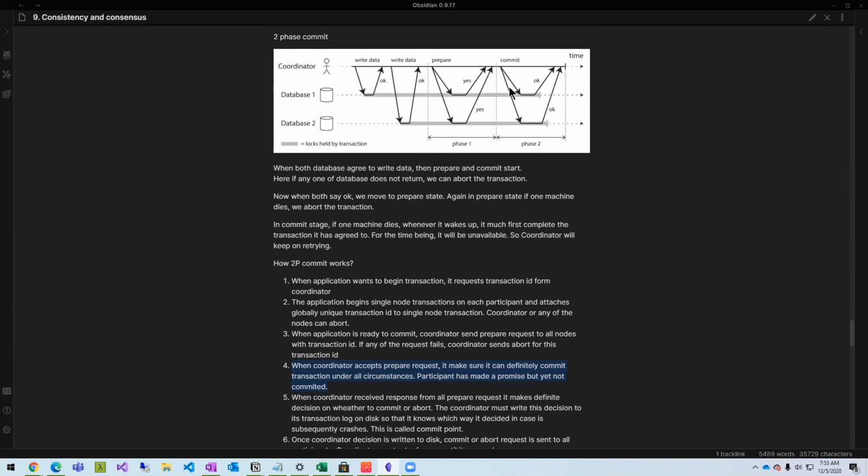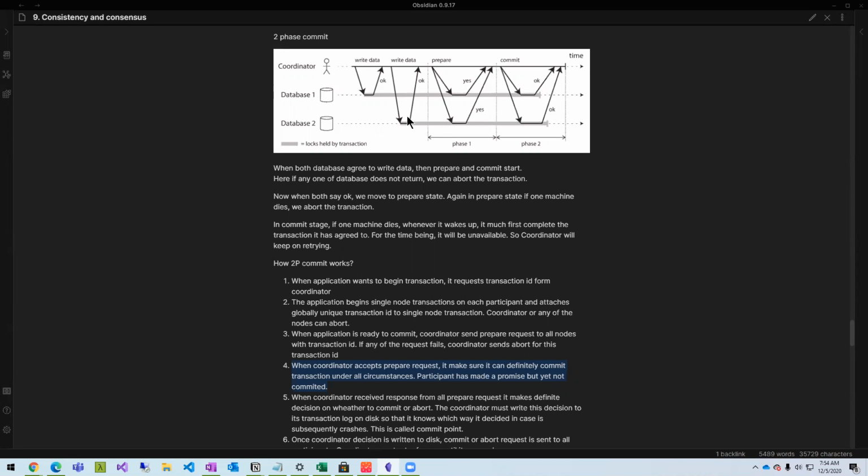Since the coordinator will keep on sending the decision to these databases, it will send the message that for this transaction 123, my decision was commit, so you can commit and unlock the rows, right? So this is how we can handle failures in any of the nodes.